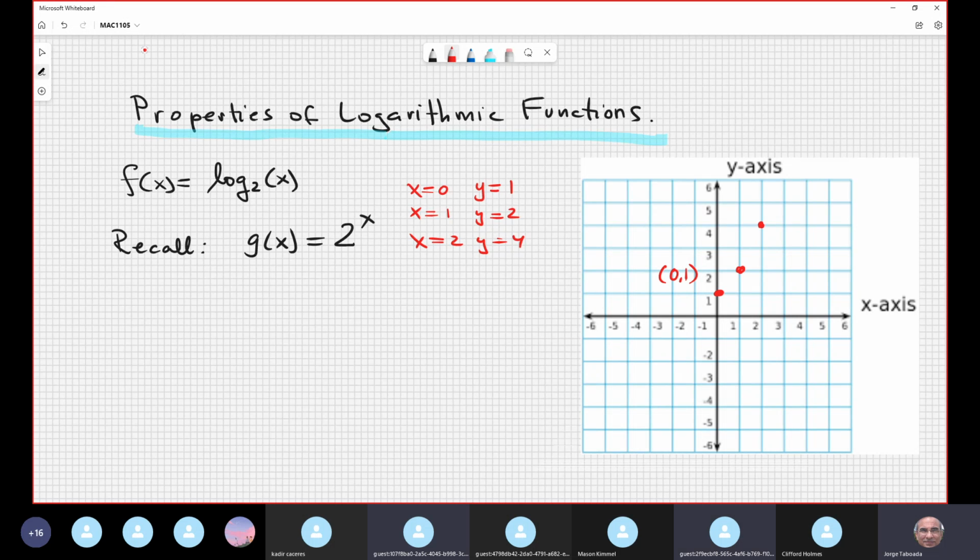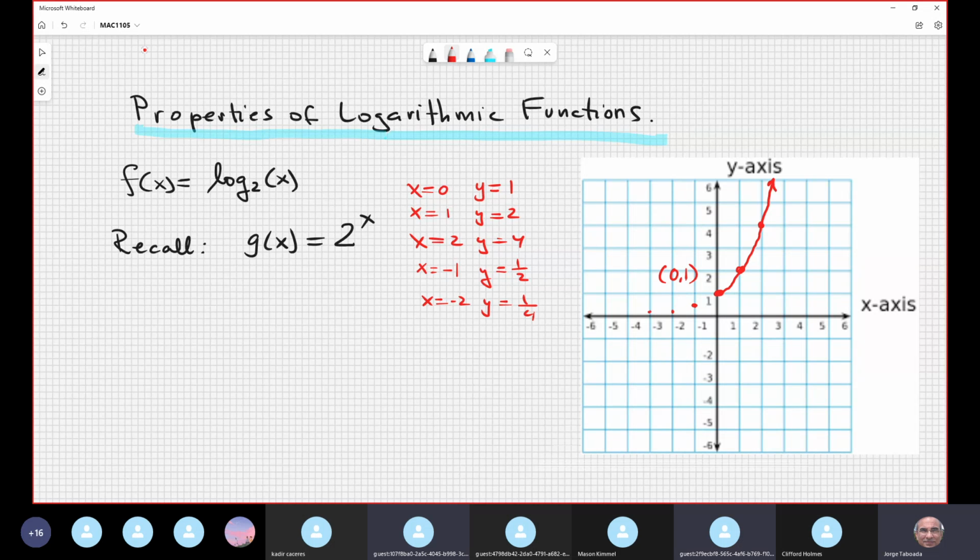And this looks like my exponential function, the positive part. And the negative part is different. Negative 1, y is equal to 1/2, because 2 to the negative 1 is the reciprocal. So here, over there. Or x equals negative 2, it's 1 over 4, and so on.